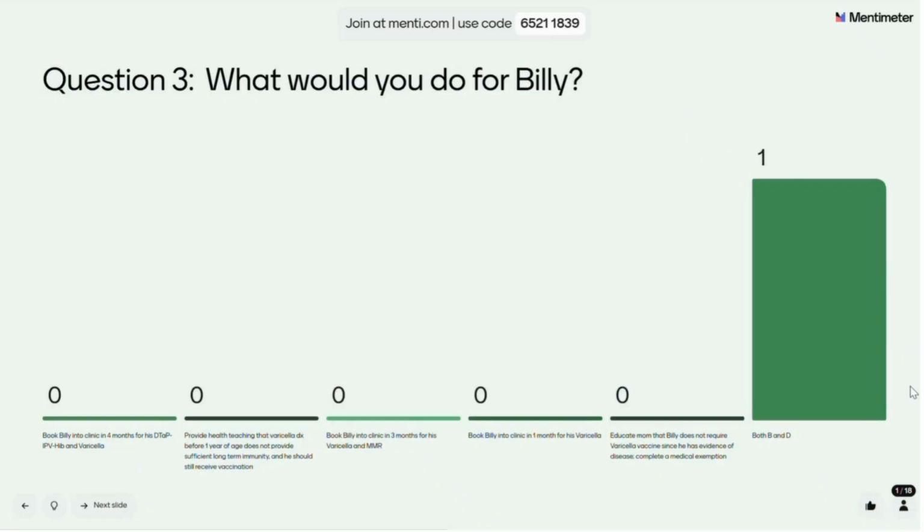And E is to tell him that he does not need varicella since he's got the disease and you would write a medical exemption. And F is both B and D. So B and D would be to give him health teaching that it doesn't give long-term immunity and to book Billy in 1 month for his varicella. So give him a couple more seconds for more people to think about this and answer.